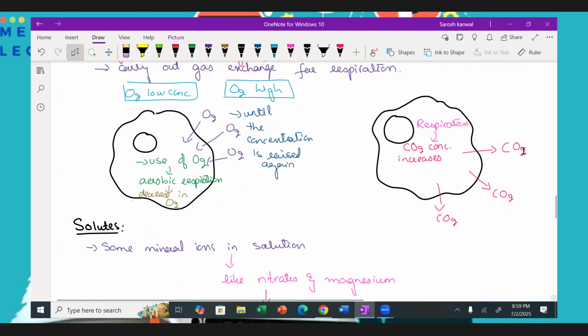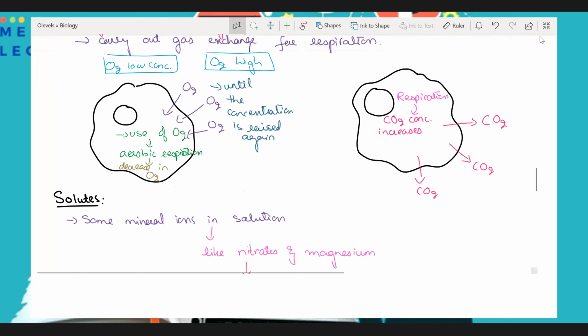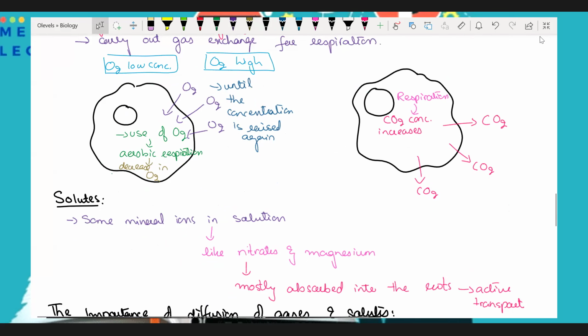There are two cells, right? For example, in the first cell, both are the animal cells, we have the nucleuses over here. Now, what happens in the first case? Now we know in case of aerobic respiration, oxygen is used, right? As oxygen is being used up, inside the cell, the concentration of oxygen will decrease, right?